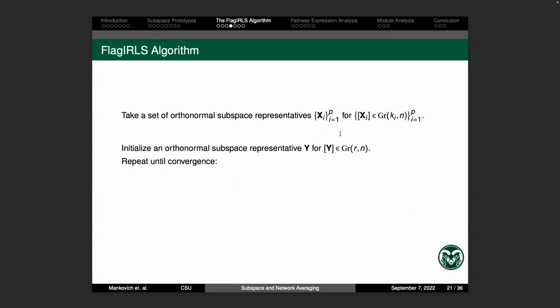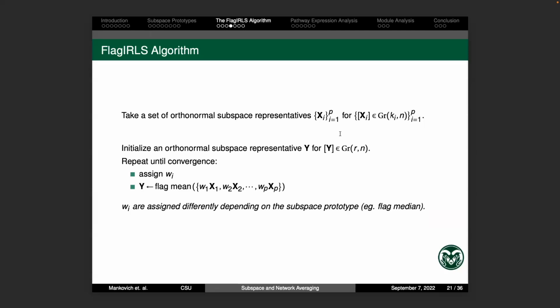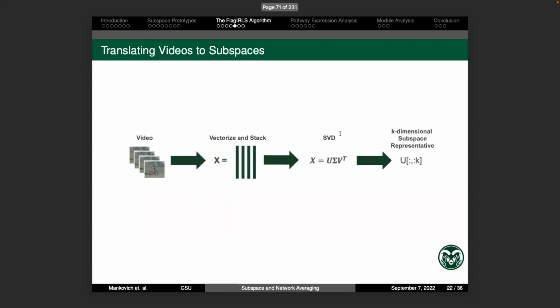Then we repeat the following steps until convergence: we assign a weight and we calculate a weighted flag mean. This algorithm can be used to find the flag median, the maximally correlated flag, and also the L2 median for one-dimensional subspaces.